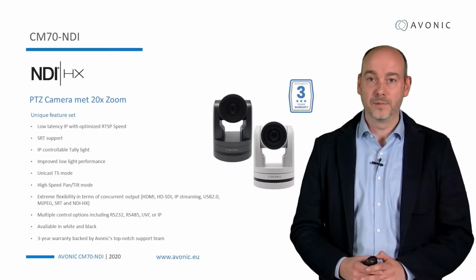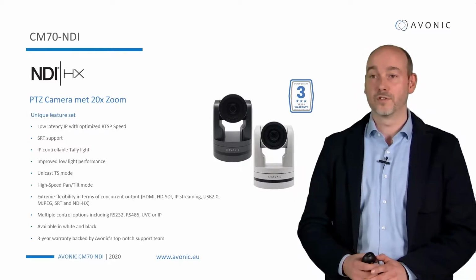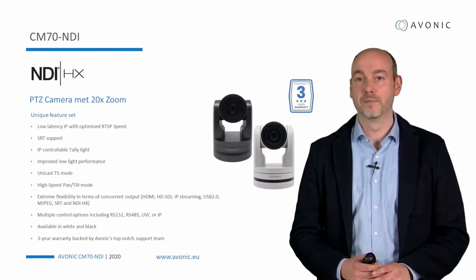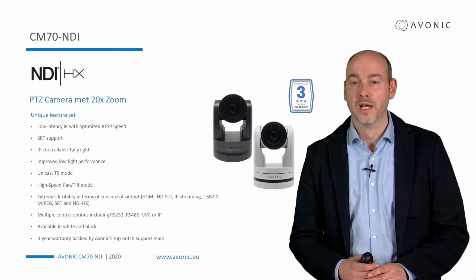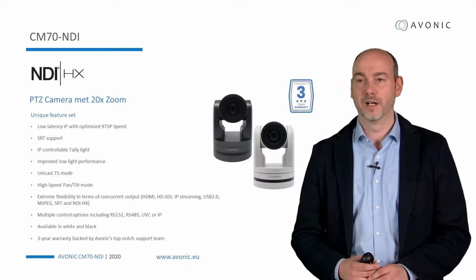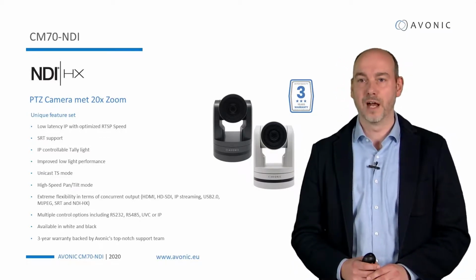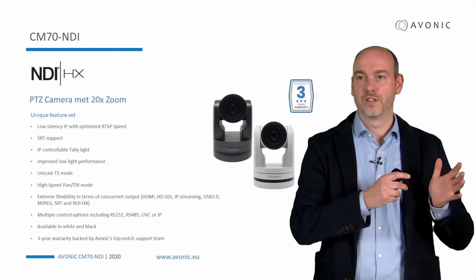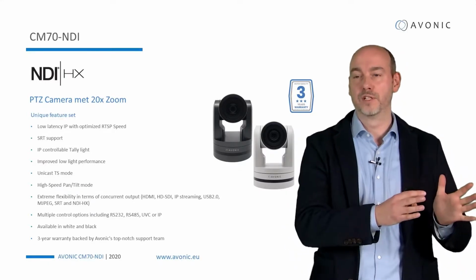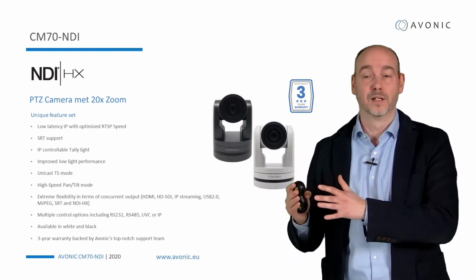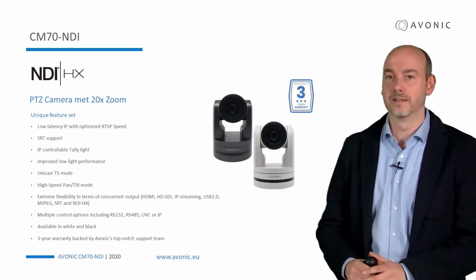Significantly improved low light performance. It supports a unicast transfer stream mode, which is interesting for applications where multicast simply is not allowed on the network. It incorporates a high-speed pan tilt mode, which we've specifically added to the cameras for conferencing applications, where you want the camera to go as fast as possible from preset 1 to preset 8, because that is the time you need to get the next delegate into the picture.